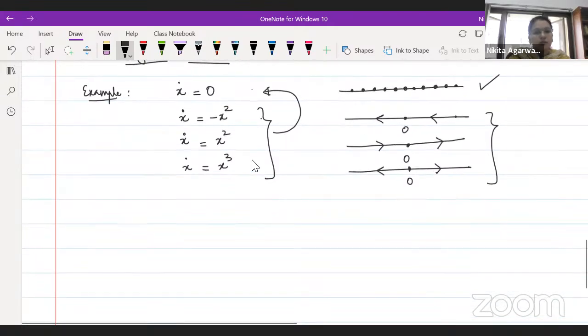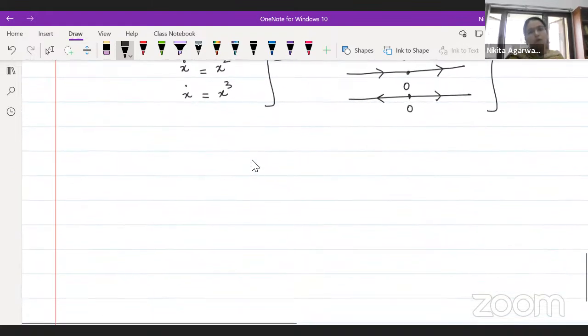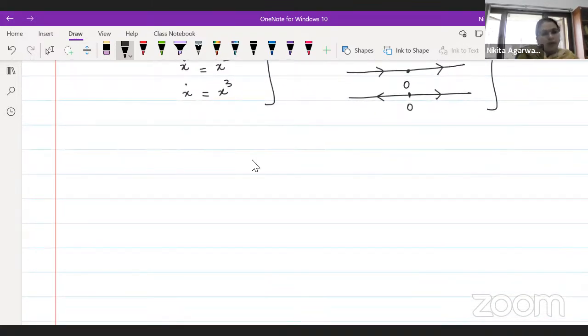Okay. So now let me give you a formal definition of a dynamical system. So you already know it by now, but let me write it down on paper. So what is a dynamical system?